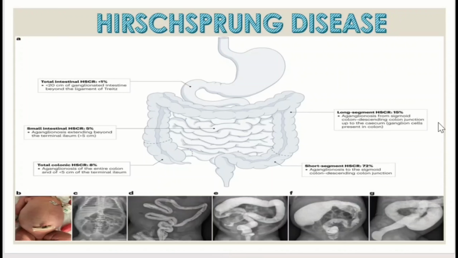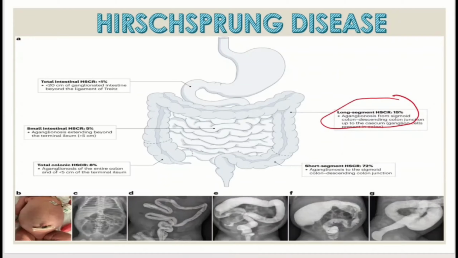As you can see in this picture, Hirschsprung disease can affect any part of the intestine, any length of the intestine. The long segment Hirschsprung disease, which is seen in 15% of cases, is aganglionosis from the sigmoid colon descending colon junction up to the cecum.